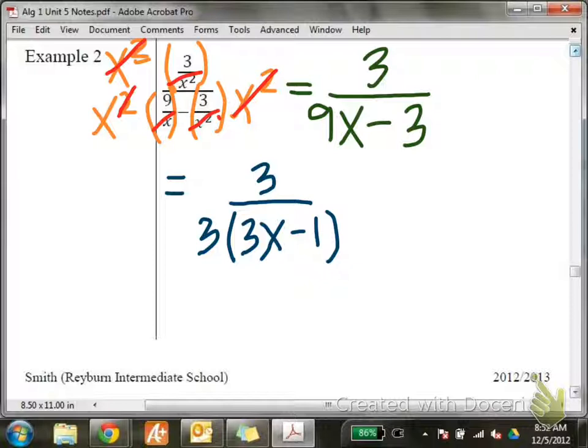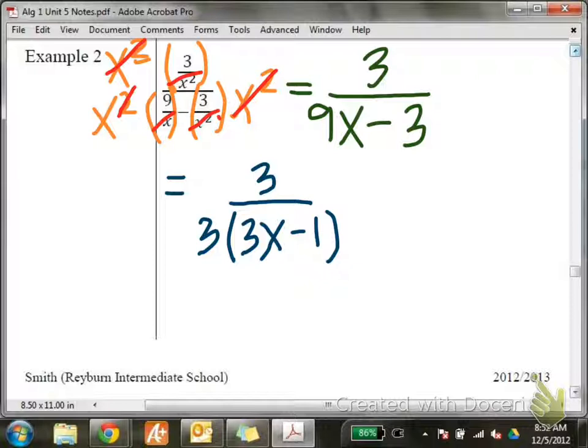Okay, guys, what does it look like I can do? Aaron, what happens next? Look at what we have. We have 3 over 3 times 3x minus 1.